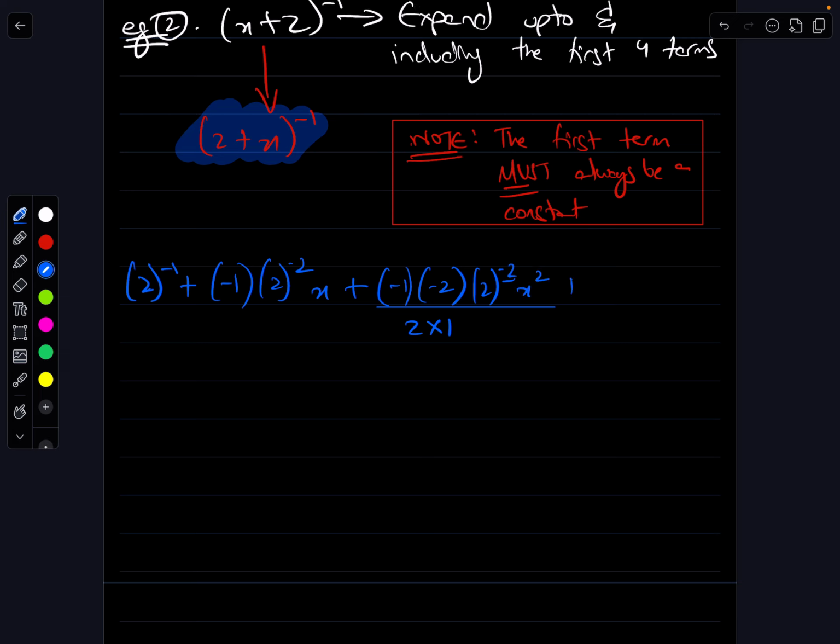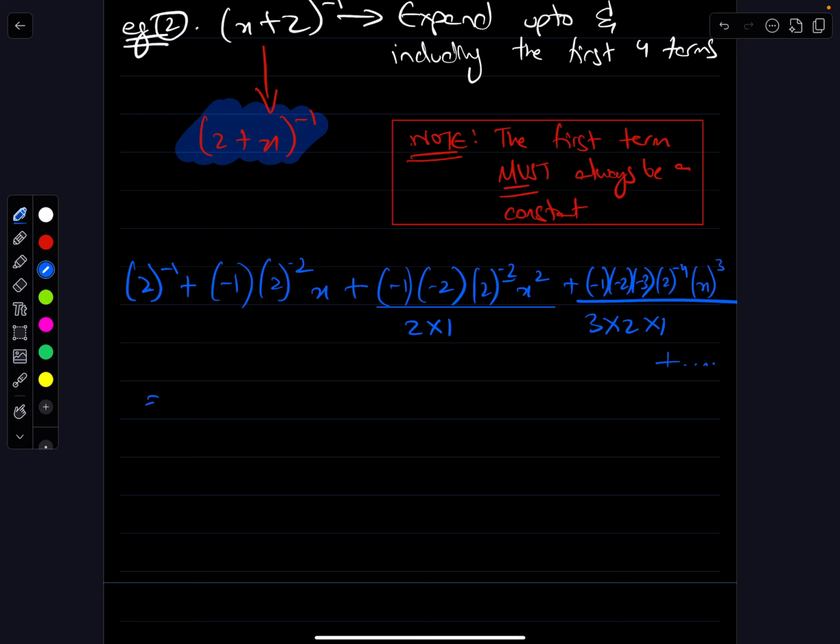I have 3 terms, I need one more term. So I have minus 1, minus 2, minus 3 since it's nC3. And then I have 2 to the power minus 4 and x cubed. And you can continue to expand this so on.